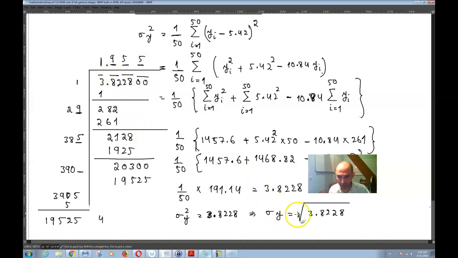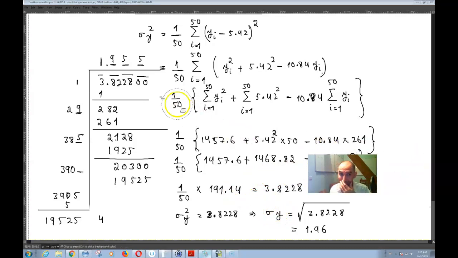So the square root of this is going to be, I'm going to take this as basically 1.96, for example. 1.96. And so that is your sigma of y.